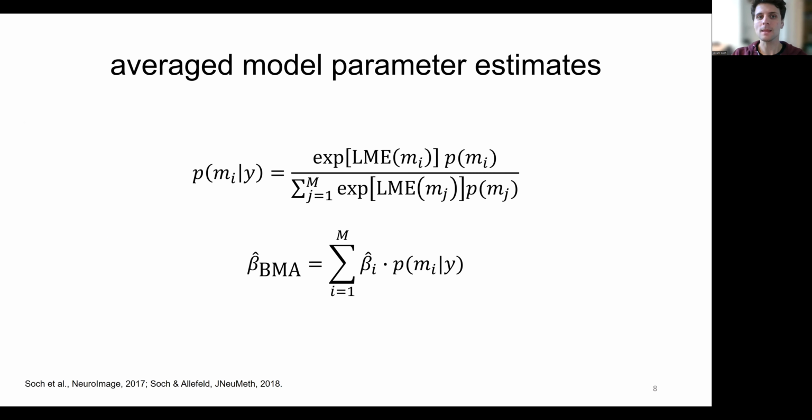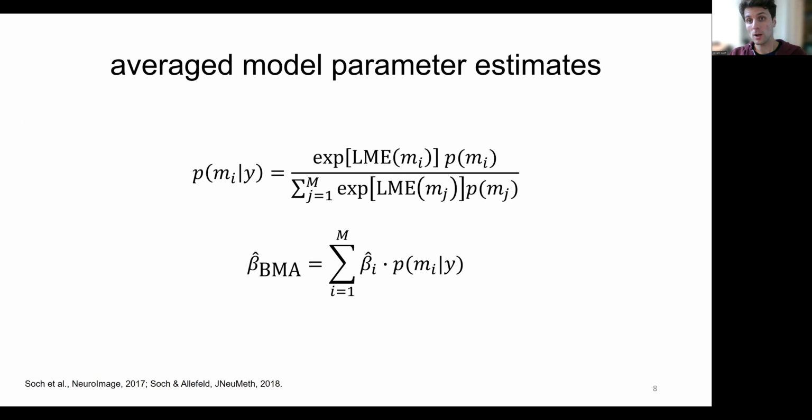averaging. And in Bayesian model averaging, the idea is to take the log model evidence and use it to calculate posterior model probabilities that, for example, model i is the true model given the measured data.